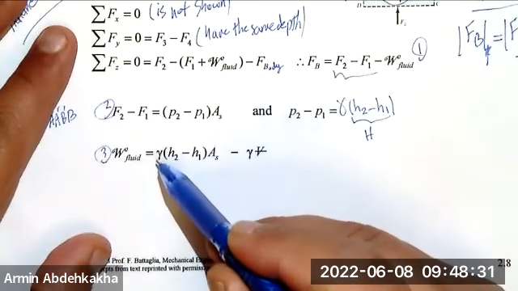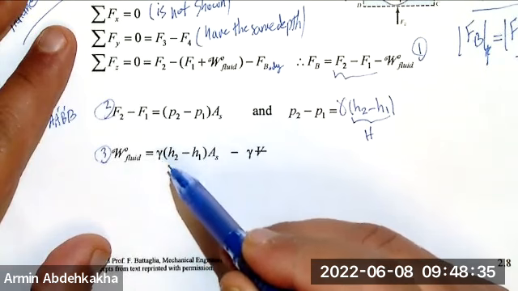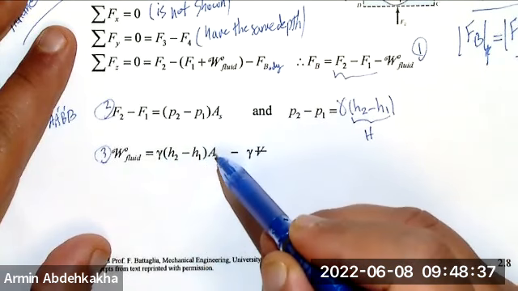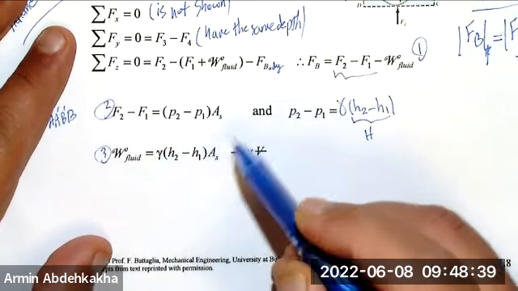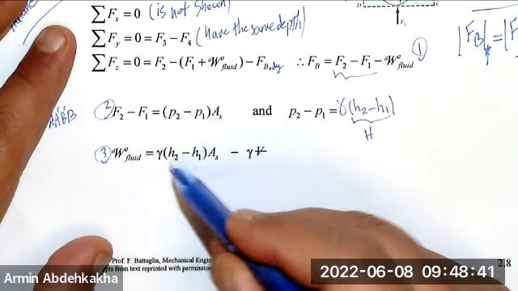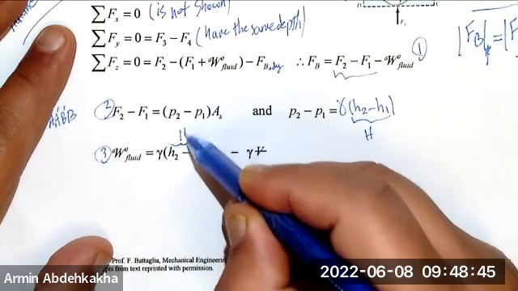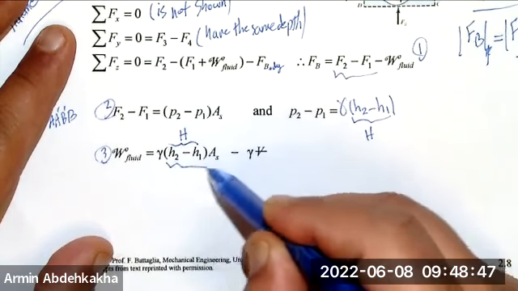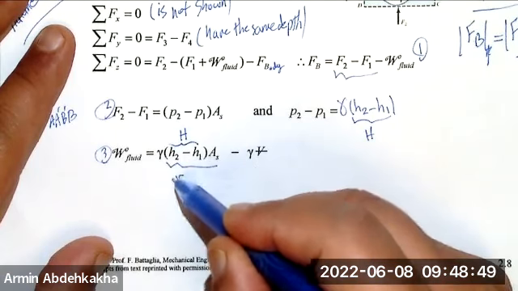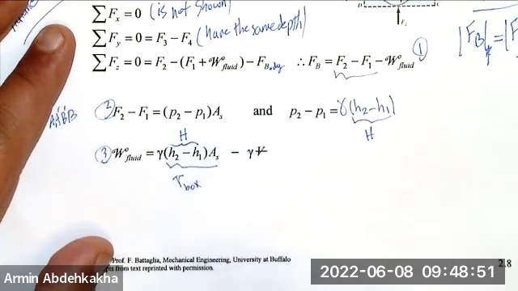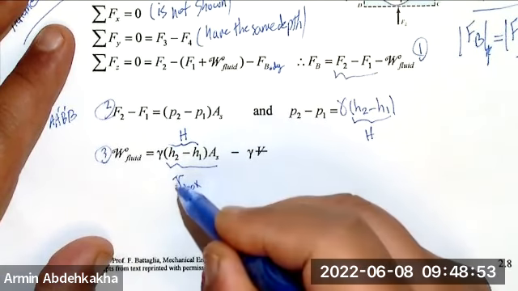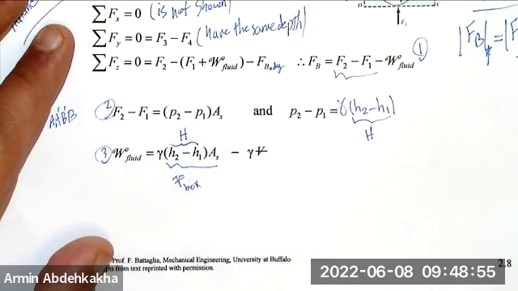That's why we wrote it here. The W of fluid is actually gamma times H2 minus H1 times AS. This is the volume of the box, right? I can write that this is the same as capital H, and the whole is the volume of the box, correct? That's the volume.